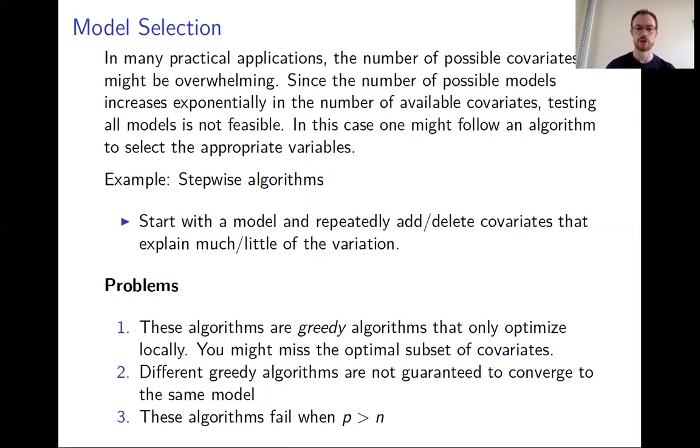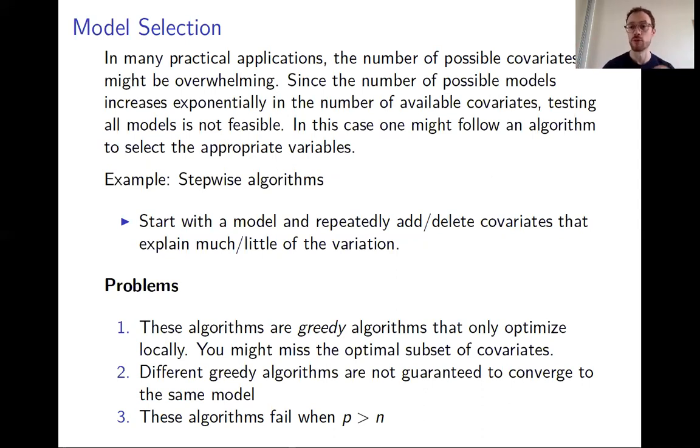The problem is just that these algorithms are greedy algorithms, which means that they optimize very locally. They might miss the global optimum of what will be the optimal set of covariates, because they just try to find what is the best model with one extra variable, and they don't look at all the possible combinations of variables.